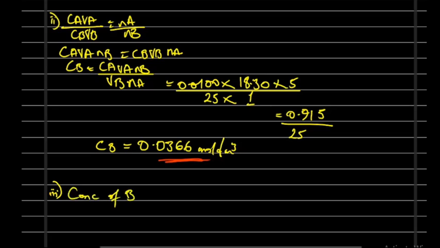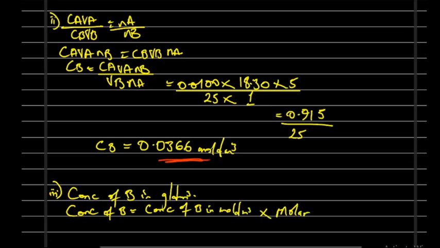So concentration of B equals concentration of B in moles per dm cube times the molar mass of B. Definitely we know that is going to be in grams.